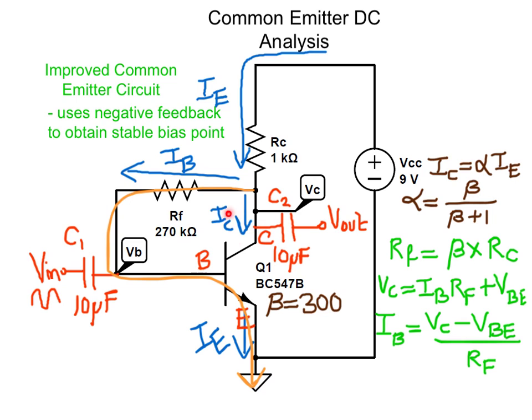A larger collector current would result in a greater voltage drop across the collector resistor. The collector voltage would fall, and from this expression we can see that if the collector voltage falls, we will get a smaller base current.